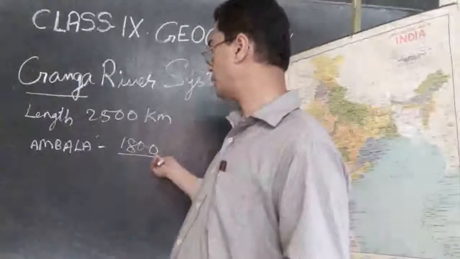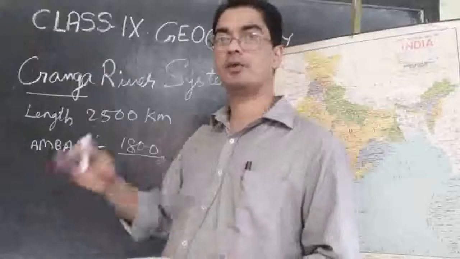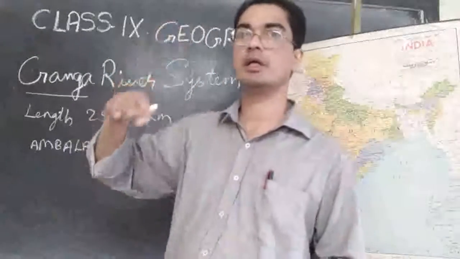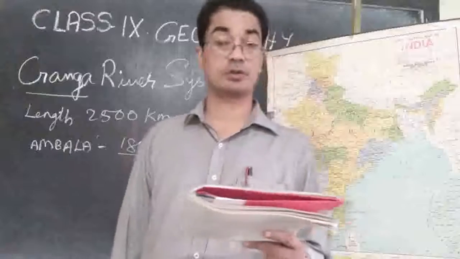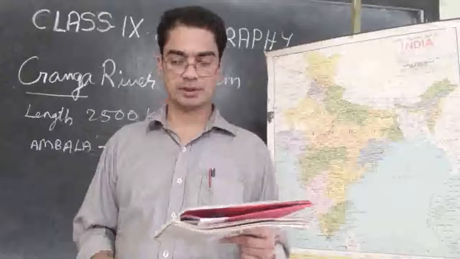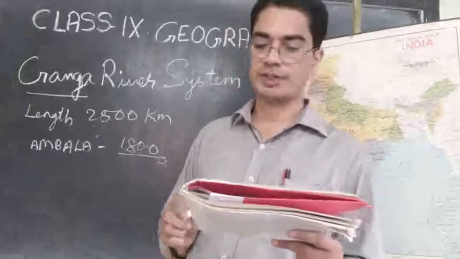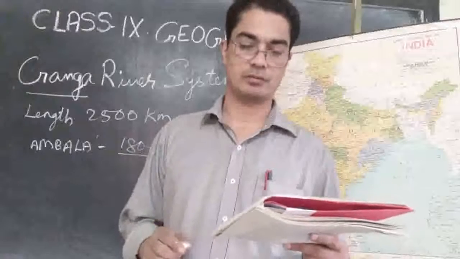So from the last part of the Sunderland Delta to Ambala, if you look at, the height difference is only 300 kilometers. Sorry, 300 meters. And in other words, there is a fall of just 1 meter for every 6 kilometers.